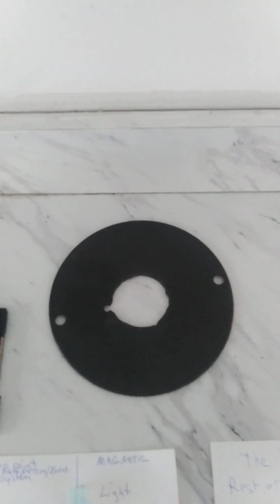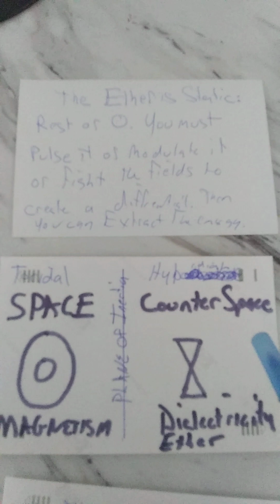So that's how you get the high speed spin out of a disc. Once you start that disk rotating, the velocities that it can reach are maybe immeasurable. So you're just warring, like I said, space versus counter space.